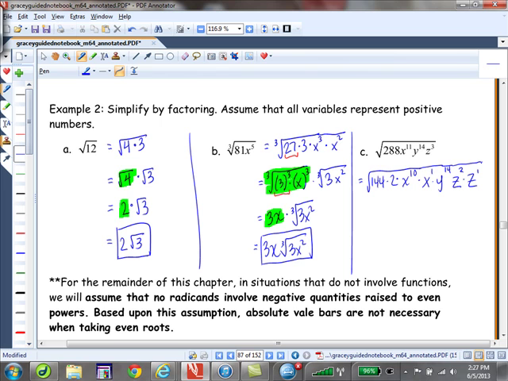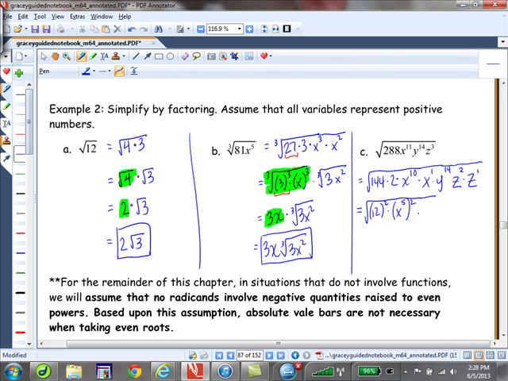So now what we'll have is 144 is 12 squared. X to the 10th is x to the 5th squared. Can you visualize that? That would be x to the 5 times 2, which is x to the 10th.